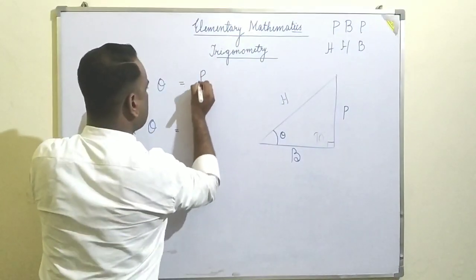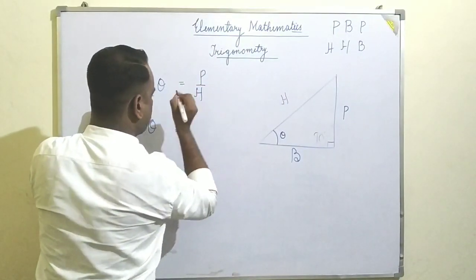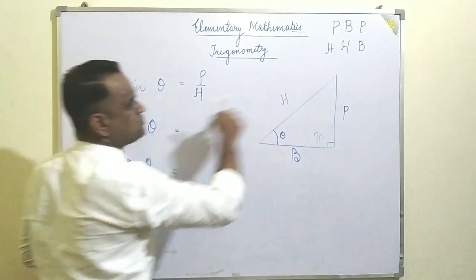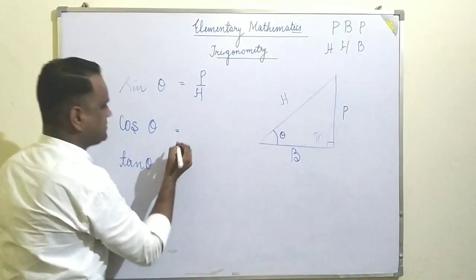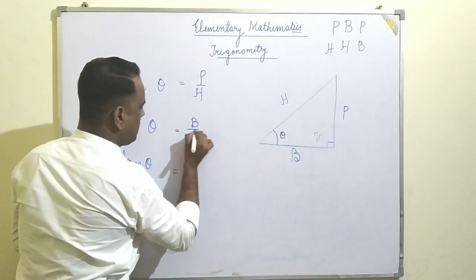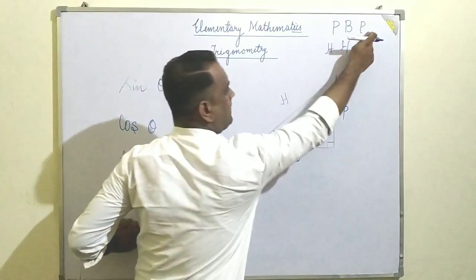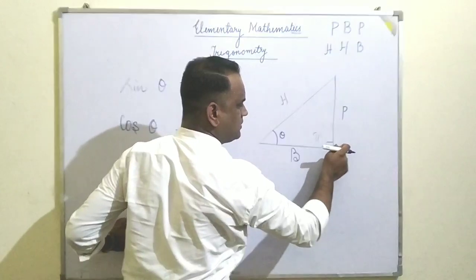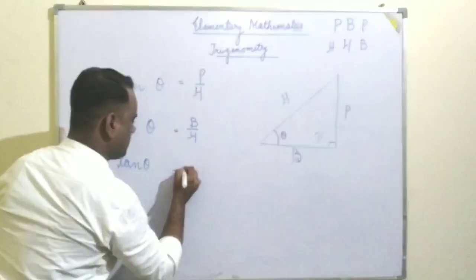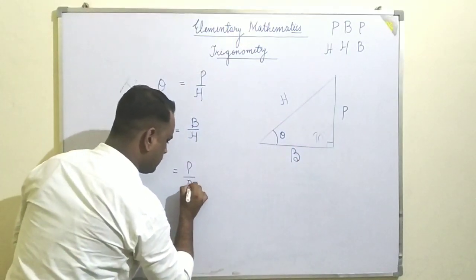Cos theta is equal to base upon hypotenuse, and tan theta is equal to perpendicular upon base. This is perpendicular and this is base, so perpendicular upon base.